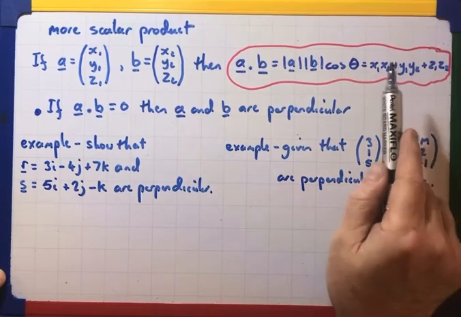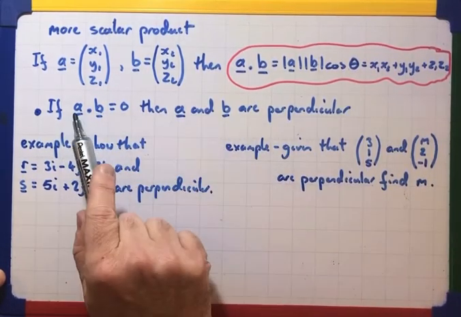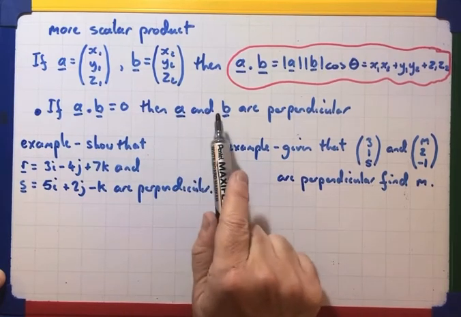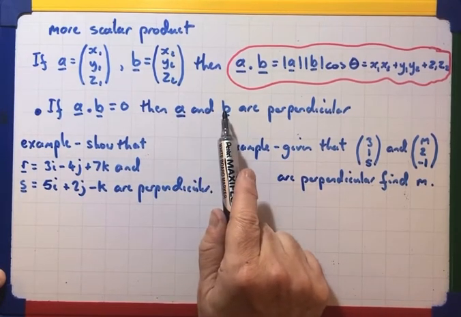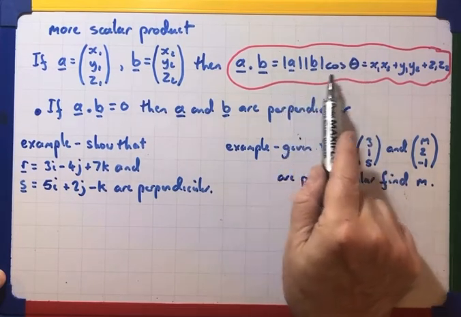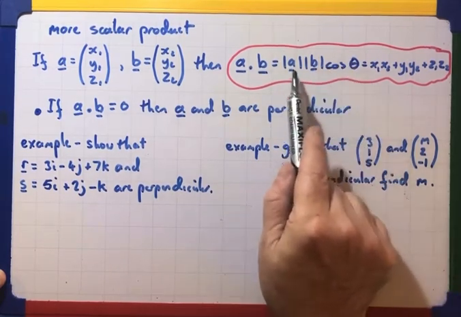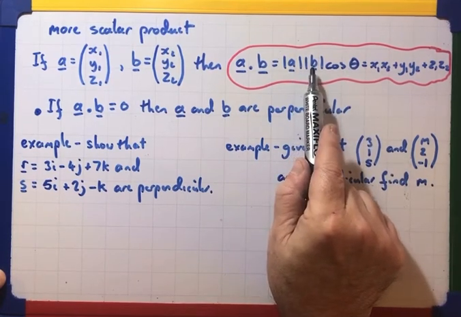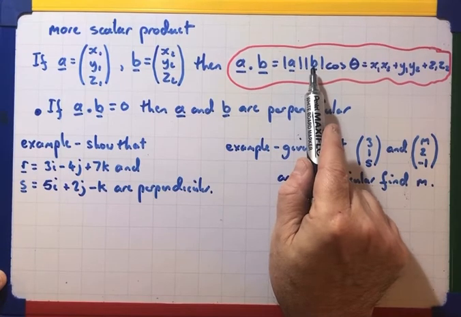Now, from that comes the following. If A dot B is equal to 0, then the two vectors are perpendicular. Because if this thing is 0, magnitude A and magnitude B can't be 0, because they wouldn't be vectors if they were 0.